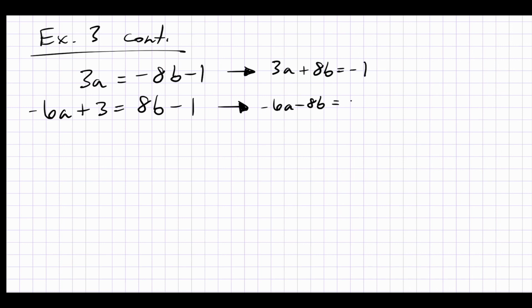Then I would subtract 3 from both sides, and I get -4. All I did was add 8b to both sides, and then subtract 8b, and minus 3. That's all I did. Okay, add straight down. I get negative 3a. B's go away.